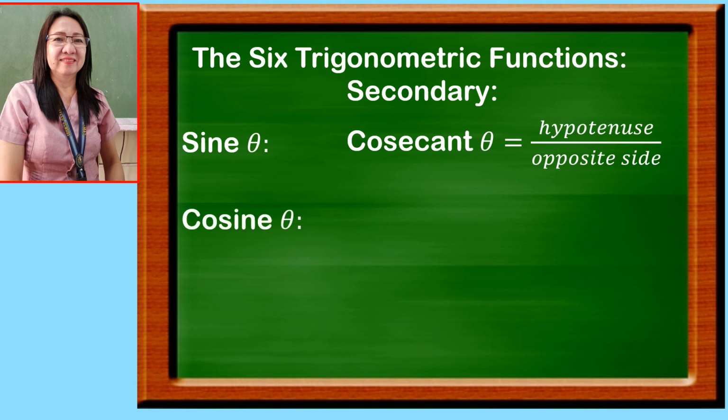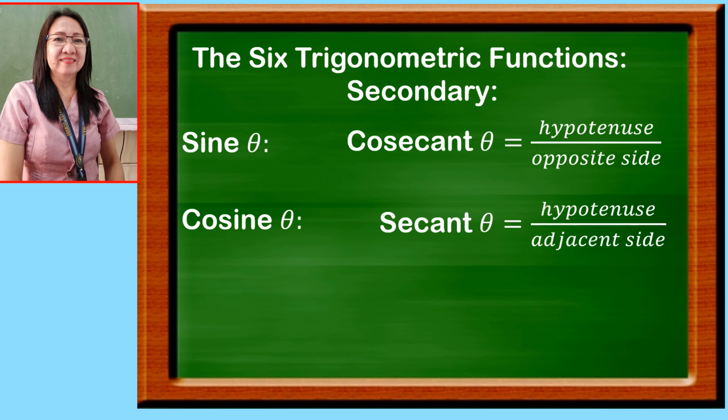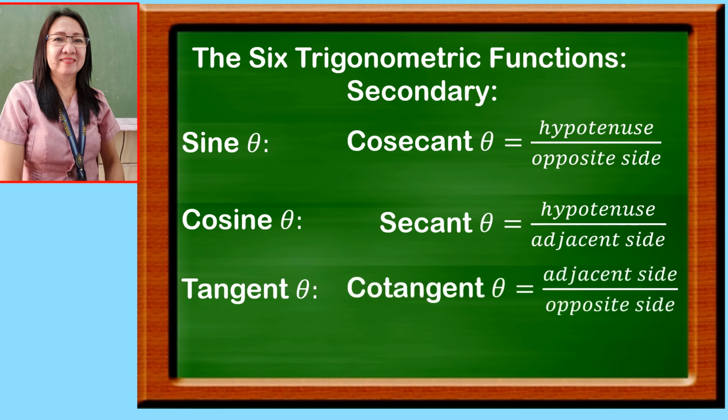Same with the cosine theta, its reciprocal is called secant theta, which is described as hypotenuse over adjacent side. And the last one is tangent theta, in which its reciprocal is cotangent theta. So it is described as adjacent side over the opposite side.